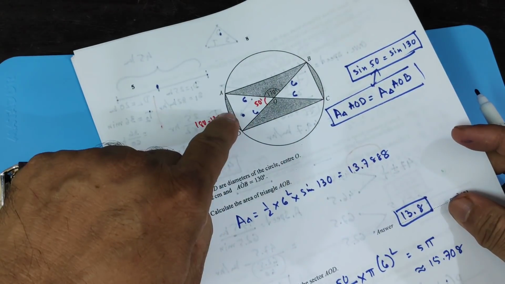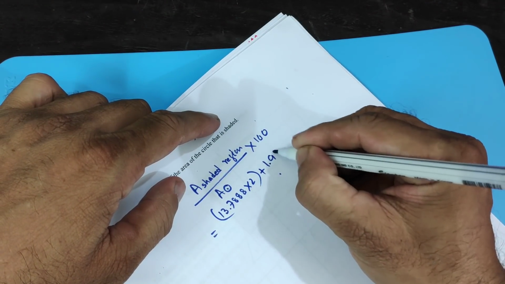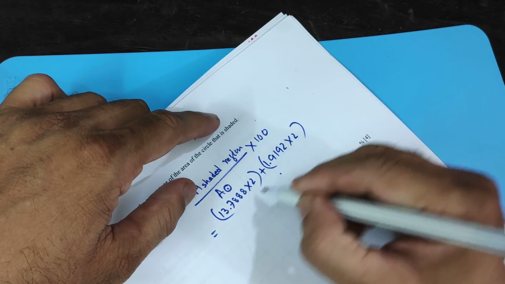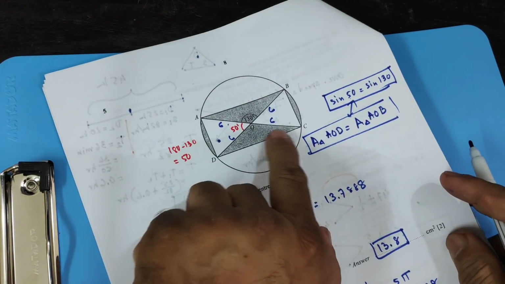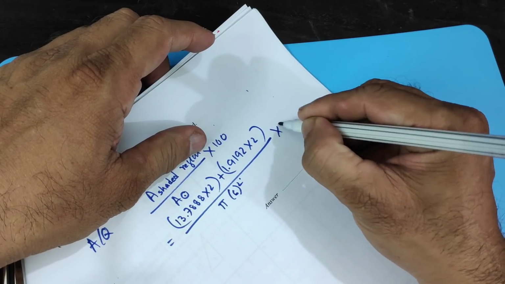Now I need these two areas of the segment. So 1.9192 times 2. Okay, so that's that, divided by the area of the circle, pi r squared. I hope you remembered the radius, so 6 squared, times 100.